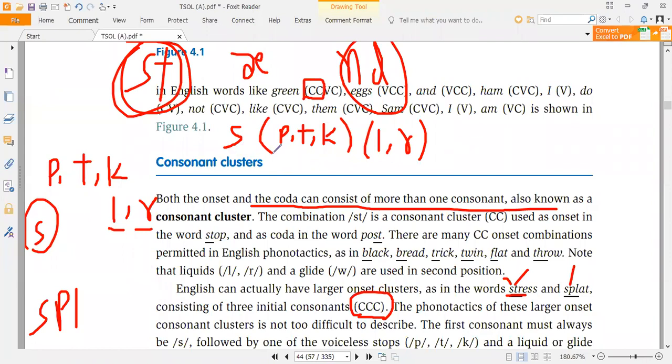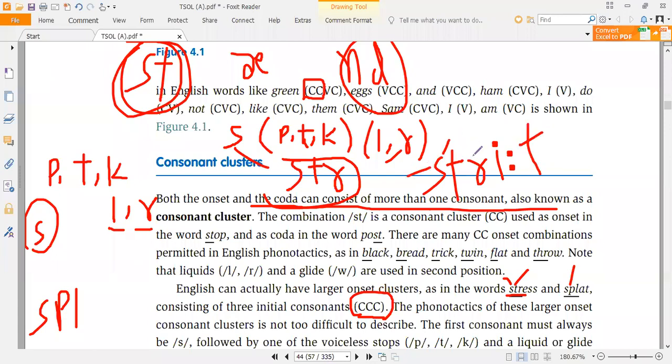Look at the word street. The s sound from there, then t from this combination, and r from this combination, street. This is a CCC structure. The full phonetic transcription of street is s, t, r, then e, and then t, right?